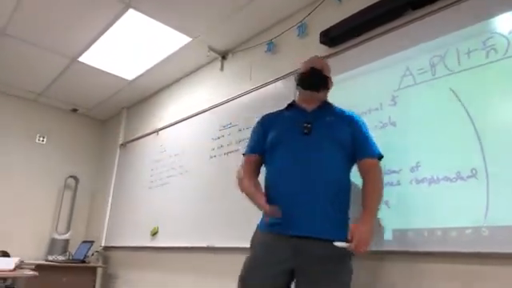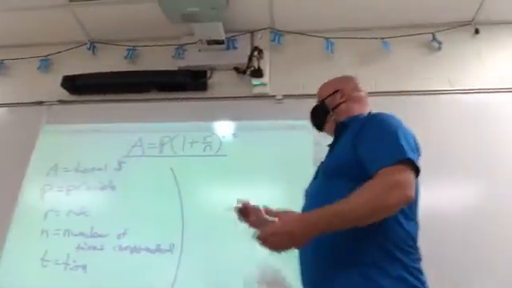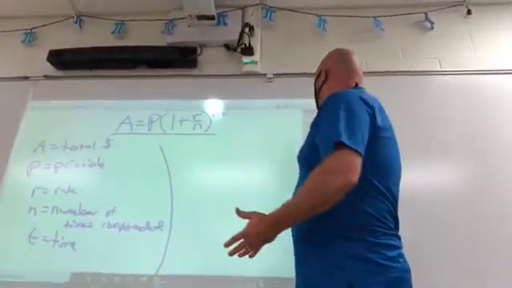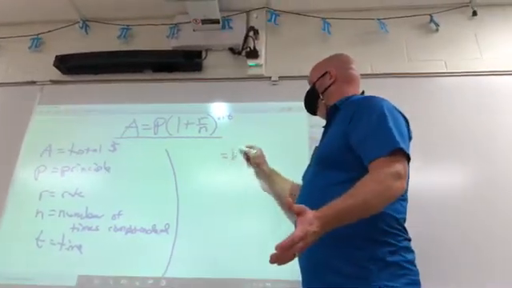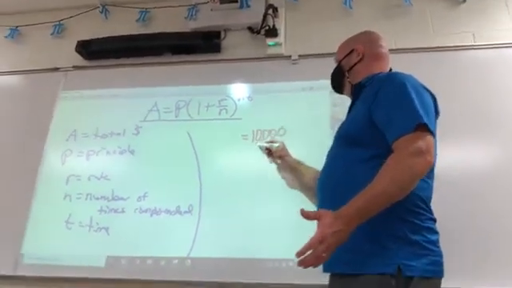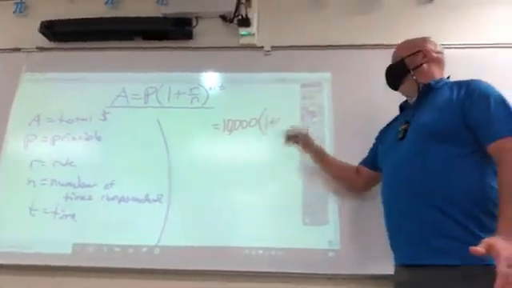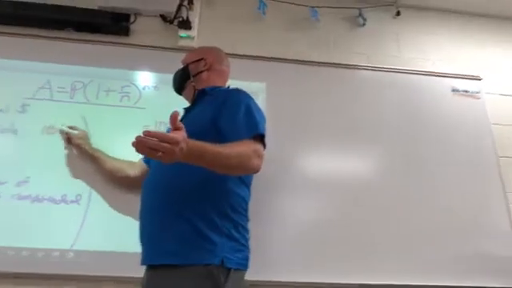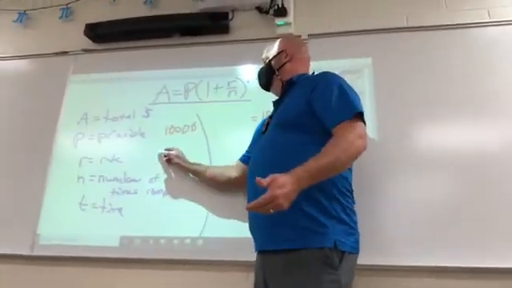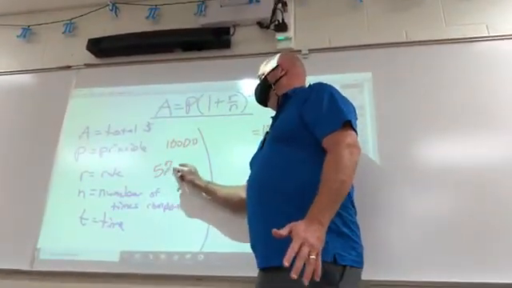I've got $10,000 in the bank. So where does that go in the formula? If I put $10,000 in the bank, that's my P, right? And my bank gives me 5% interest, right?